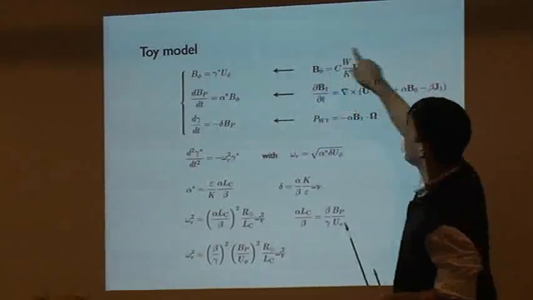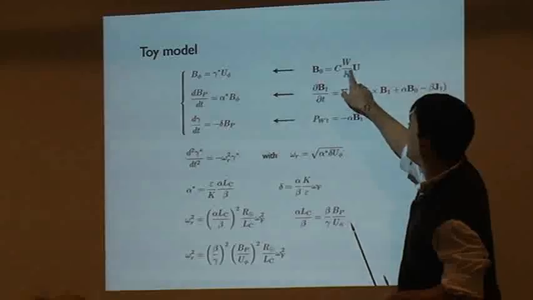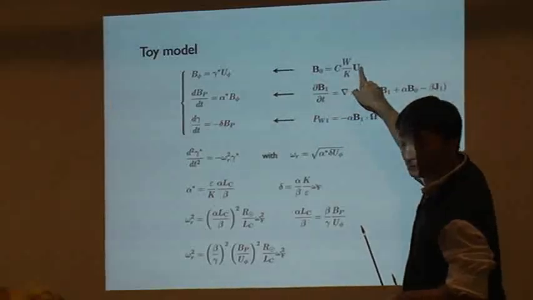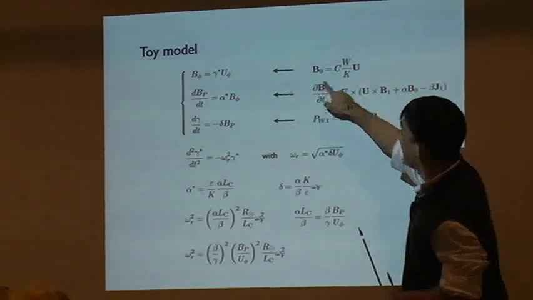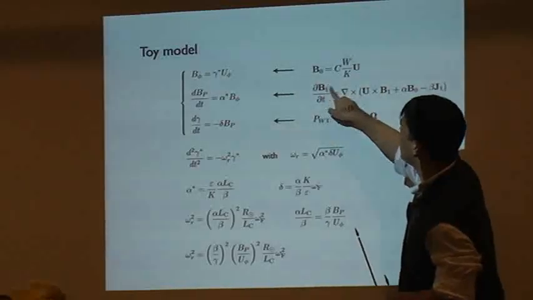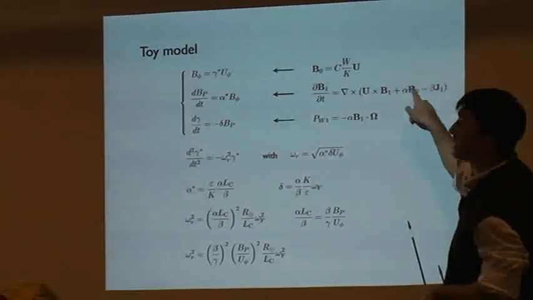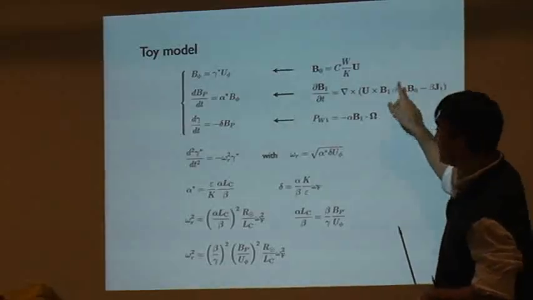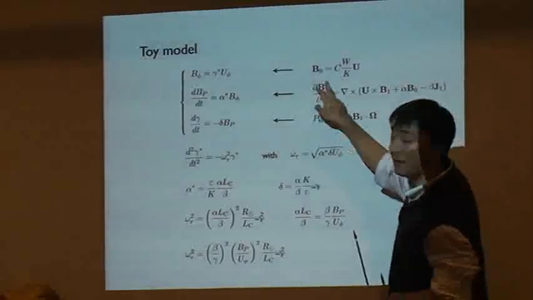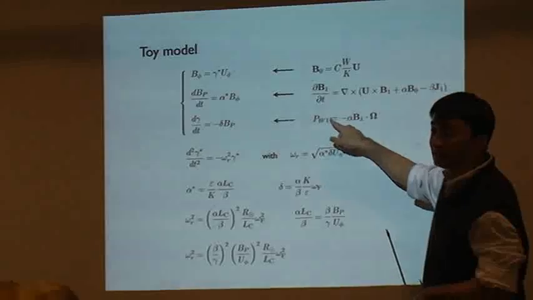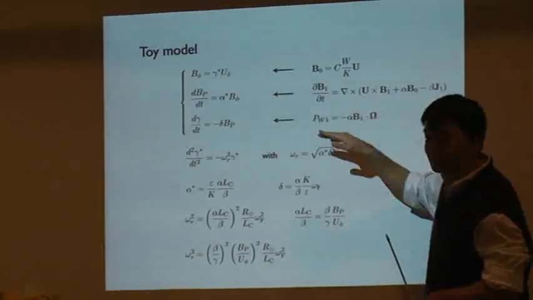We consider this special solution: B is proportional to U, and then the B1 field comes from this alpha effect. But with this B1 field, the production of cross helicity becomes negative.